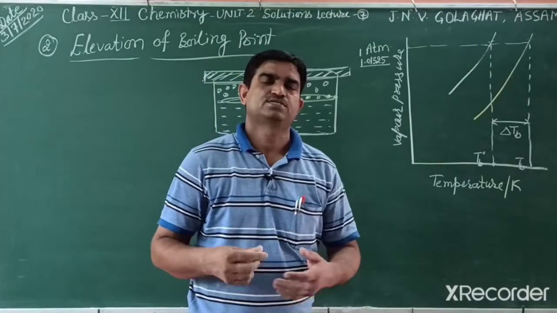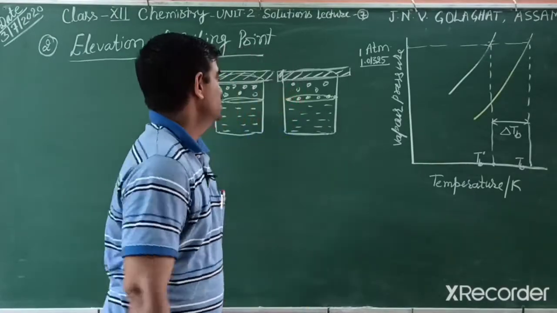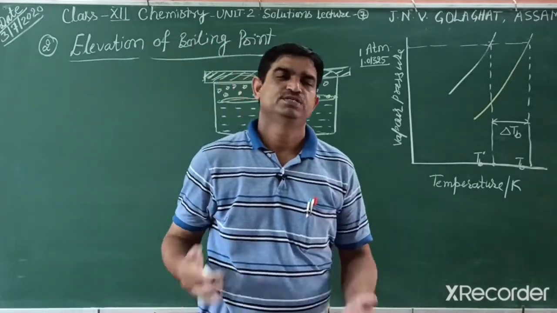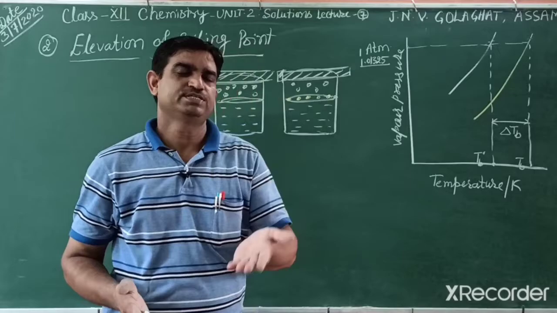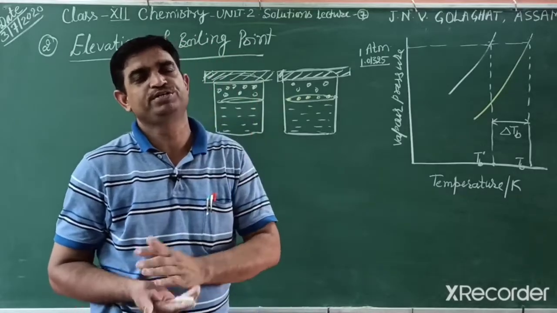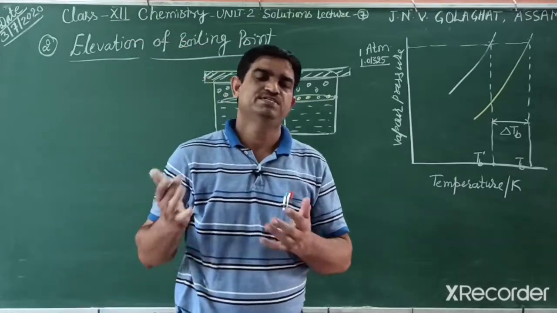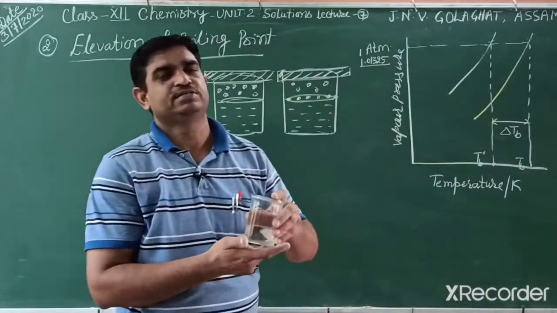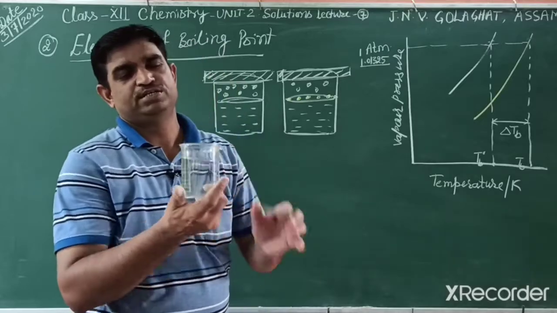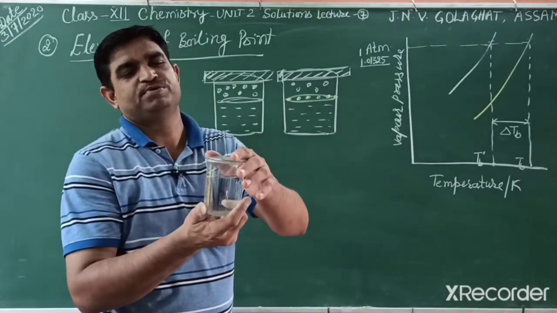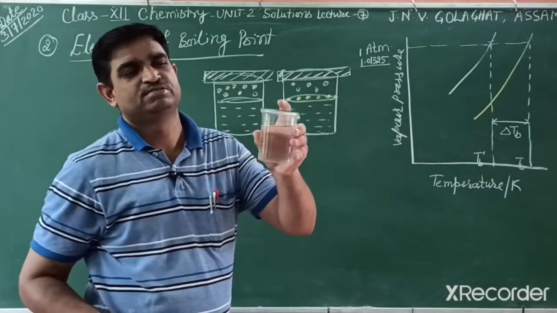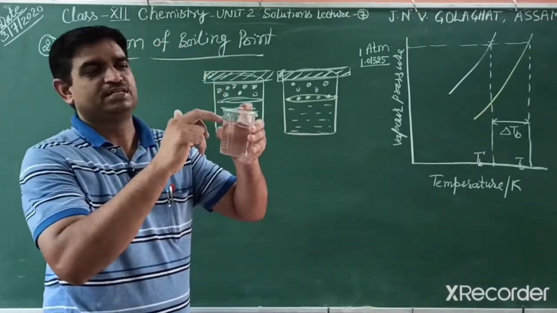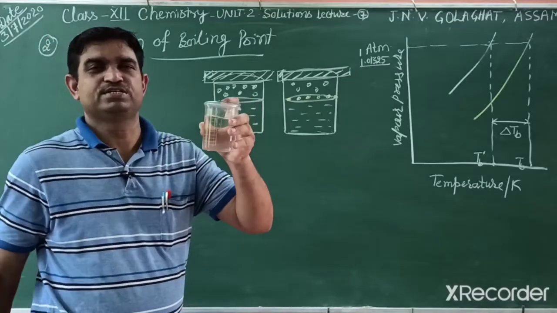Friends, the next colligative property is elevation of boiling point of the solvent. What do you mean by elevation? Elevation means increase, so boiling point increases. At first we understand what boiling point is. In 9th and 11th class, we know this is a solvent, and if you close the system, the water is vaporized and creates pressure.